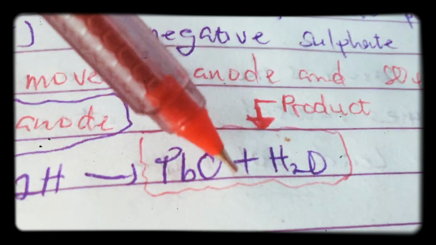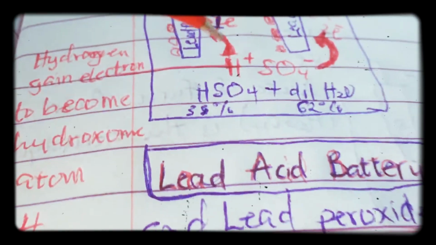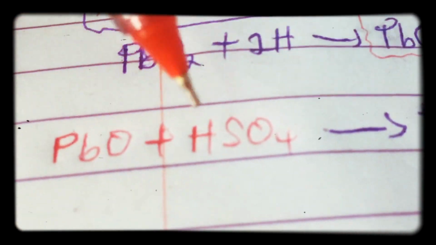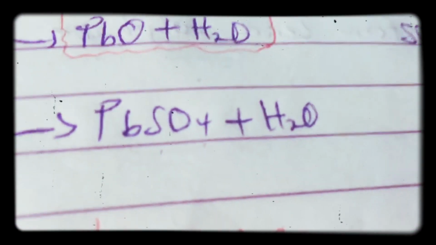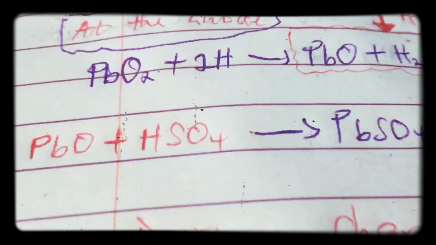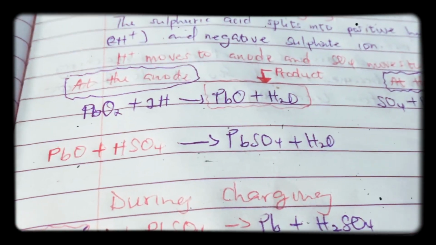This is the product formed. This same product reacts with the electrolyte, which is the sulfuric acid, to produce PbSO4 and water. This is the reaction that goes on at the anode.